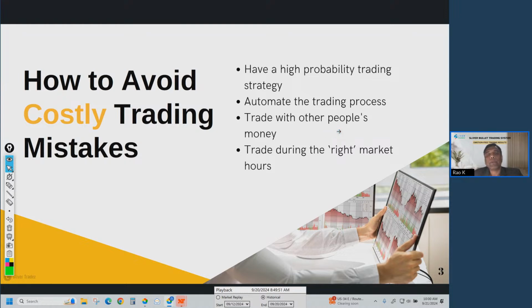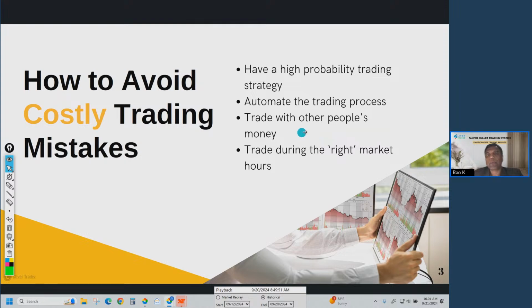Otherwise, if we use our own money, we'll most likely gamble it away, because when we use our money, our emotions come in the way. And when emotions come in the way, we make stupid mistakes while we are on a trade. We'll either take early profits or hang on to a losing position for too long.